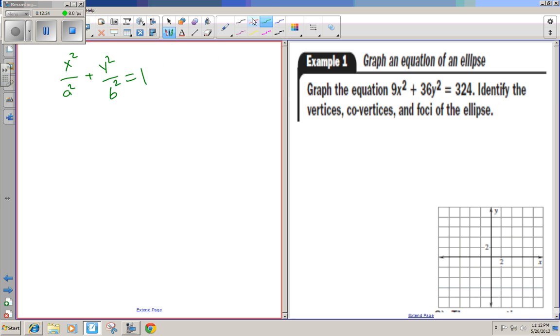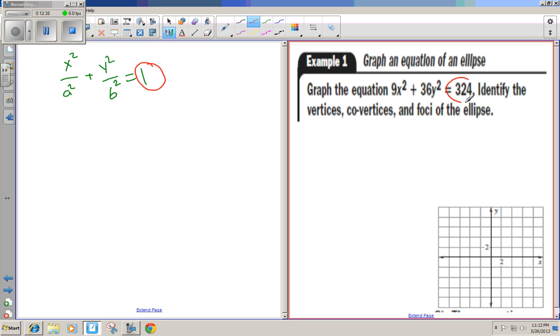So this is the key, the 1. Right here, it's 324. How would you go about making 324 a 1? Now some of you may say subtract 323. Well, you can do that. That would be a 1, except it'd really screw up the other side. So instead, take this, divide by 324.